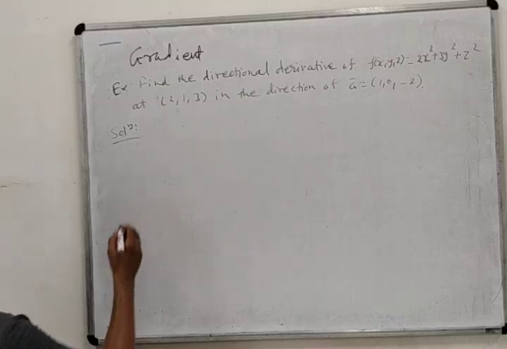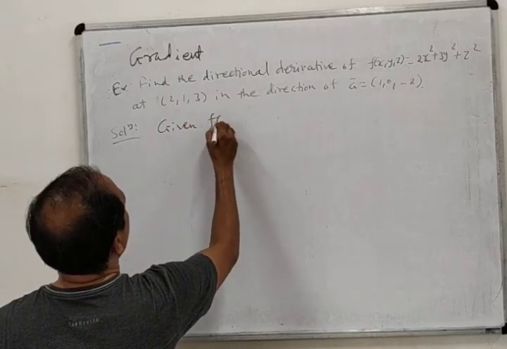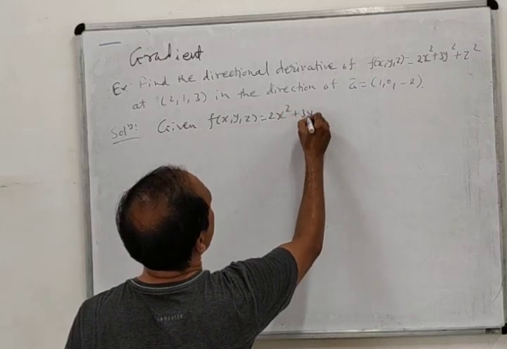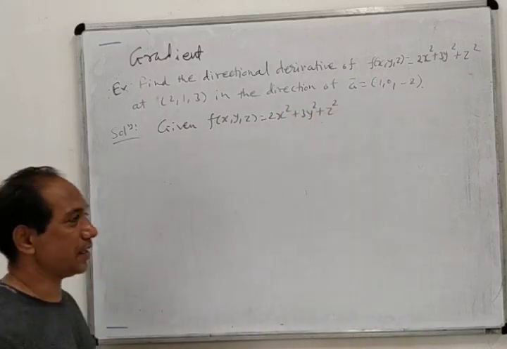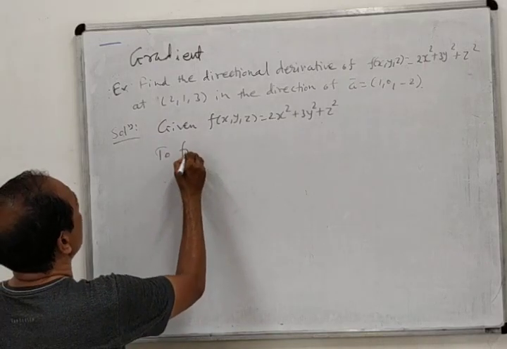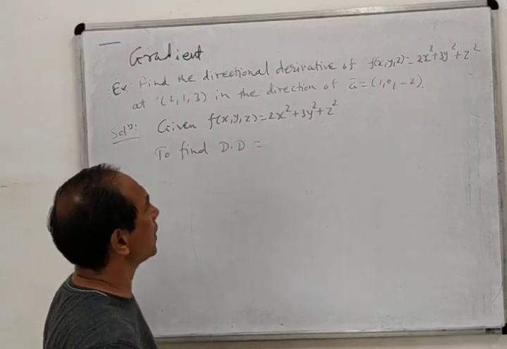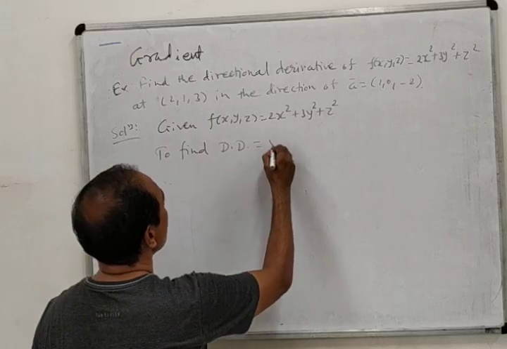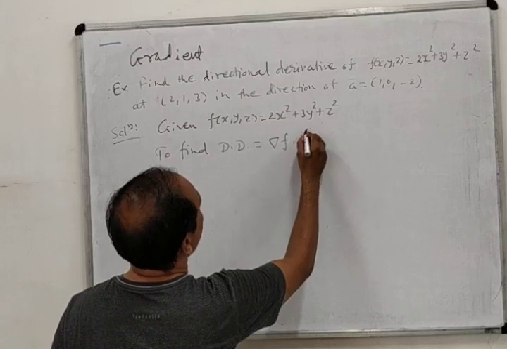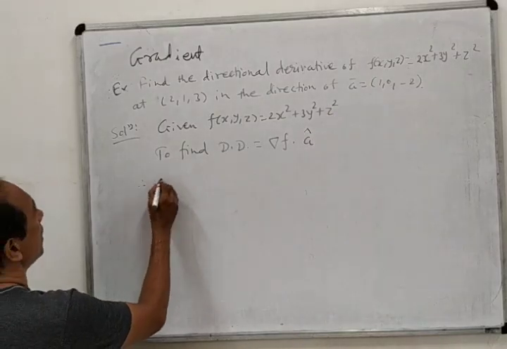So here, given f of x, y, z equal to 2x square plus 3y square plus z square, we will find its gradient. Or else you can write down what is to be found for the directional derivative, so you will be clear what we are required to obtain and how to go through. So gradient f and the unit vector of a bar, that means a cap.